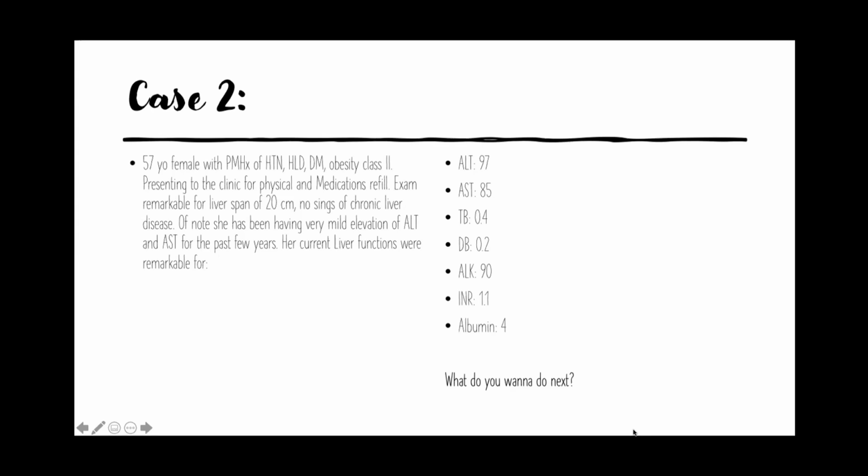Maybe we can do an autoimmune hepatic panel, just to rule out any autoimmune disease. Also, maybe we can do hepatitis as well, and a lipid panel. Okay, sounds good.